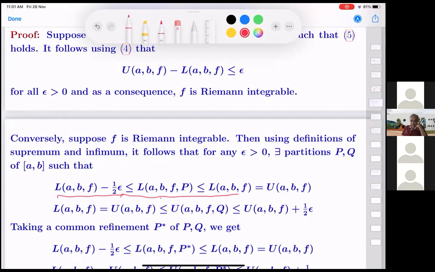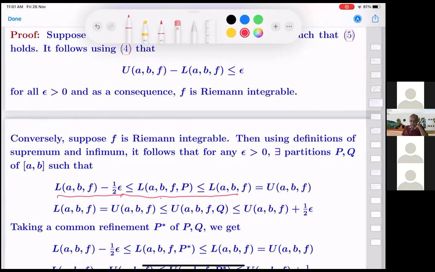Since the supremum of L(f,P) is equal to L(f), if you go a little below L(f), for example L(f) minus half epsilon, there will be a P such that L(f,P) is between L(f) and L(f) minus half epsilon.